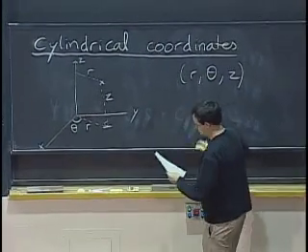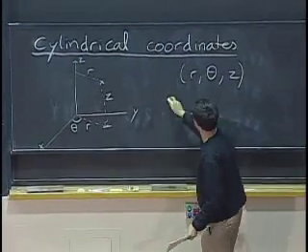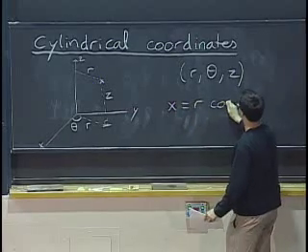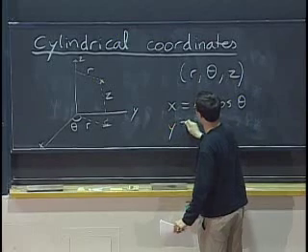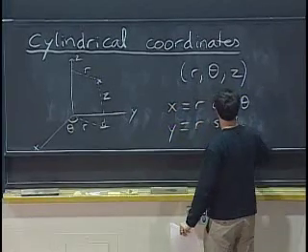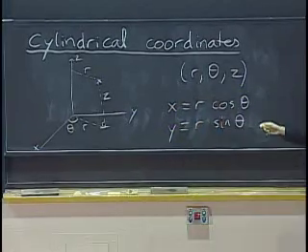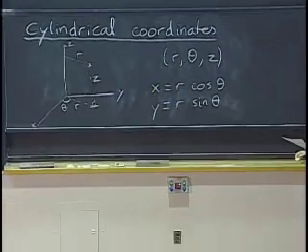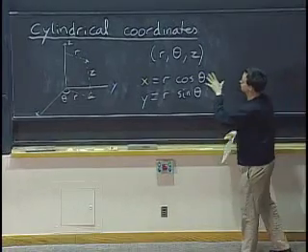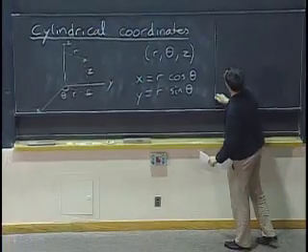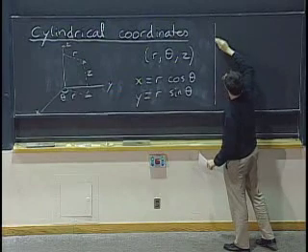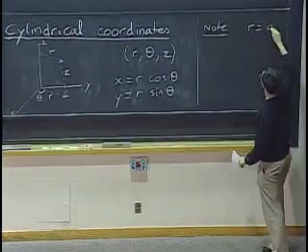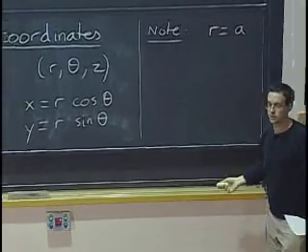And of course, if you want to know how to convert between x, y, z and r, theta, z, the formulas are just the same as in usual polar coordinates. R cos theta, R sin theta, and z remains z. So why are these called cylindrical coordinates, by the way? Well, let's say that I give you the equation r equals a, where a is some constant. Say r equals 1, for example.